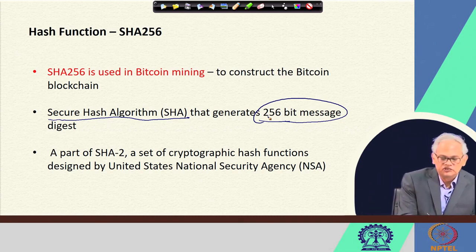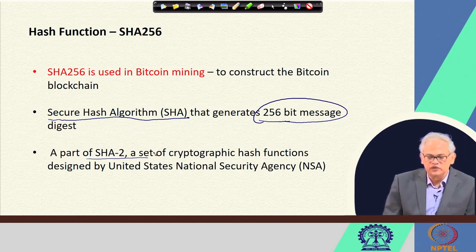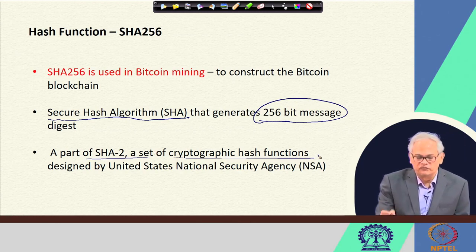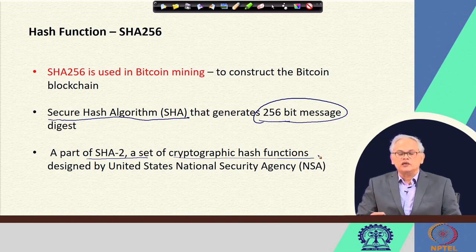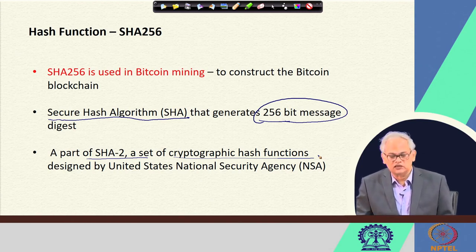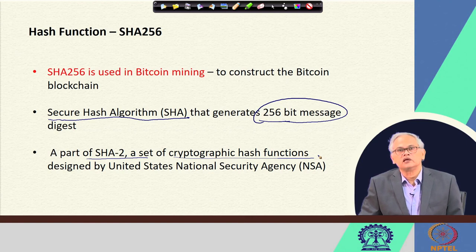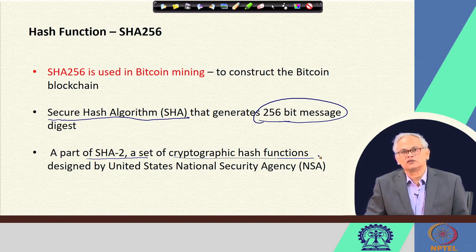This SHA-256 is part of a family of cryptographic hash functions designed by the United States National Security Agency, or NSA, the organization which specializes in these types of secure primitive development.